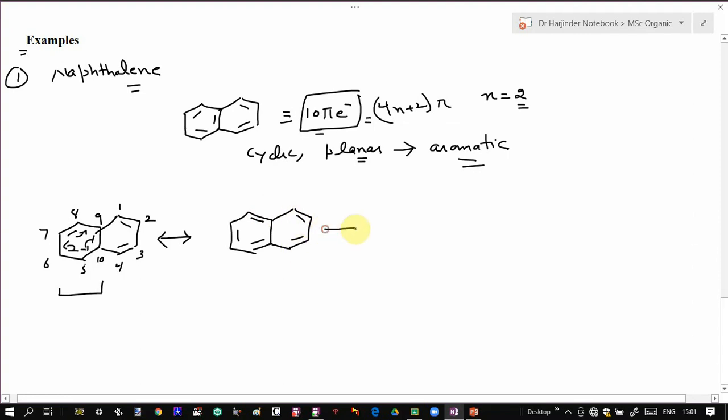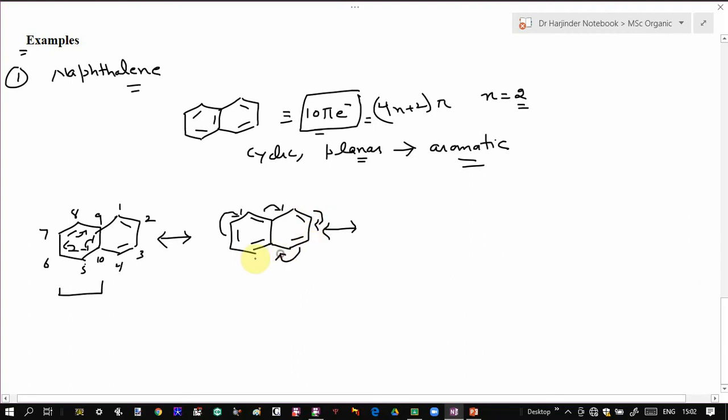Then in the next step, we rotate all these double bonds in one step at the outer region. We should not move this double bond inside, but we should move these double bonds on the outer portion of the ring. So let's do that. I will rotate these double bonds like this. So this will go over here. This will go over here.